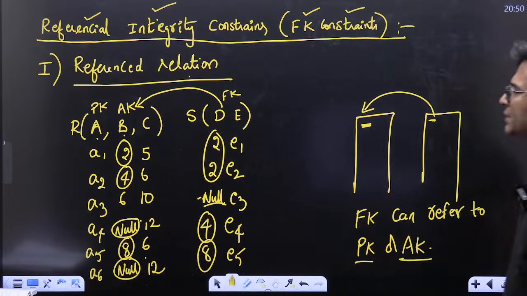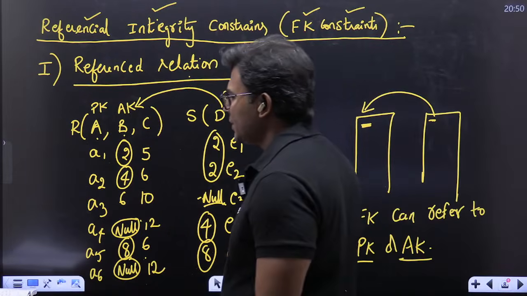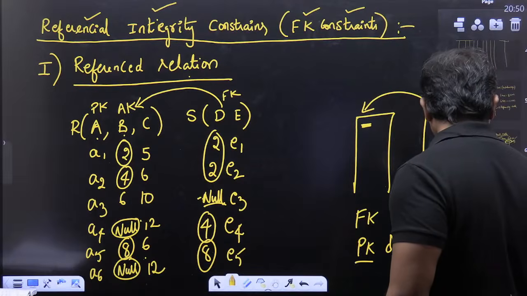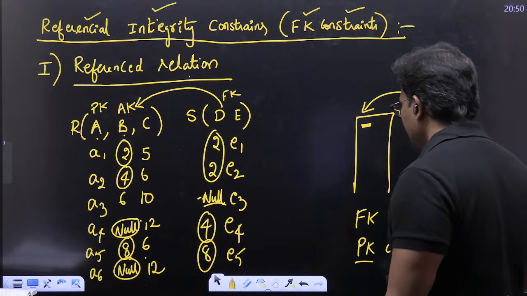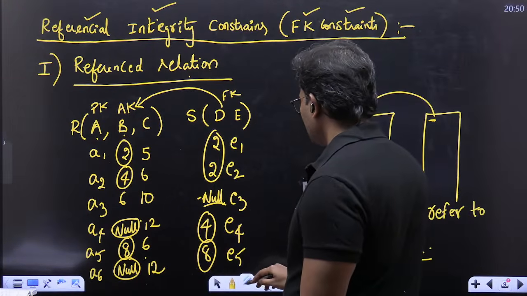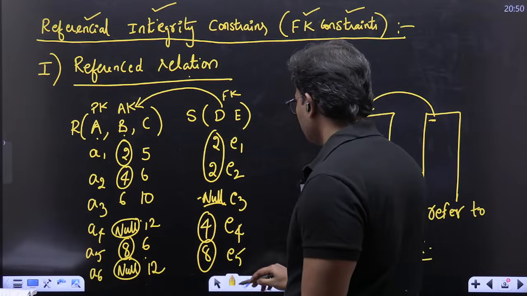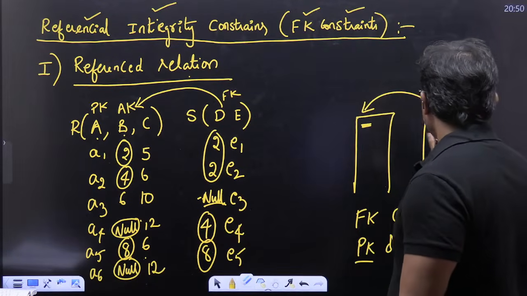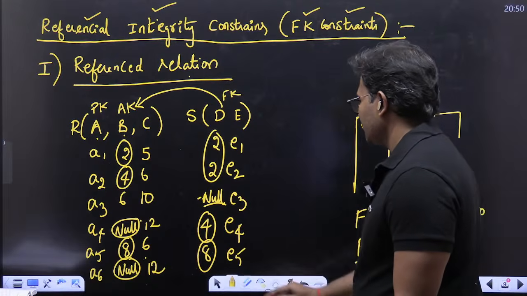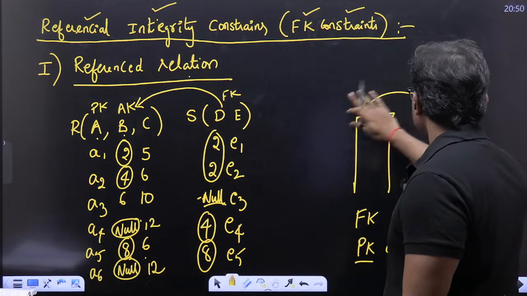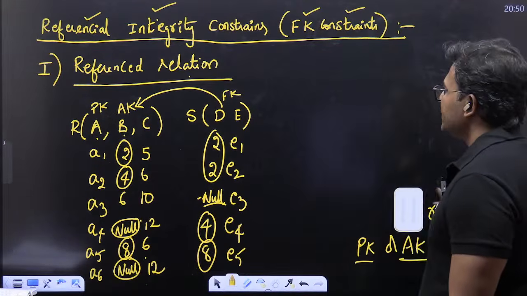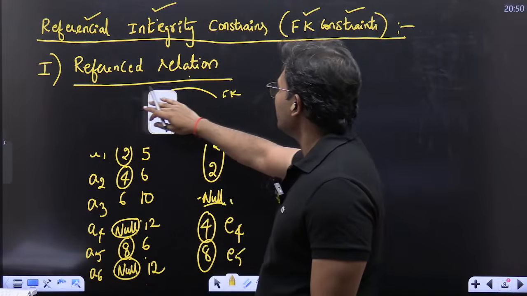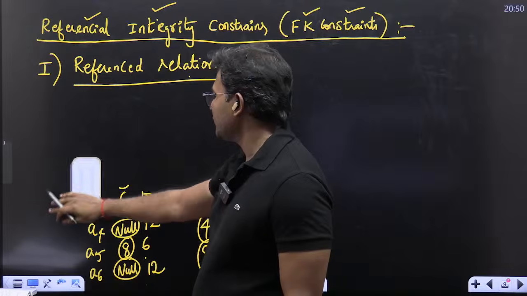Okay, now we will see the rules. We will see the referential integrity constraints, especially reference relation and then referencing relation.